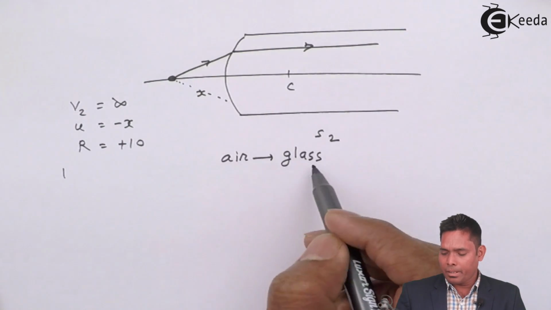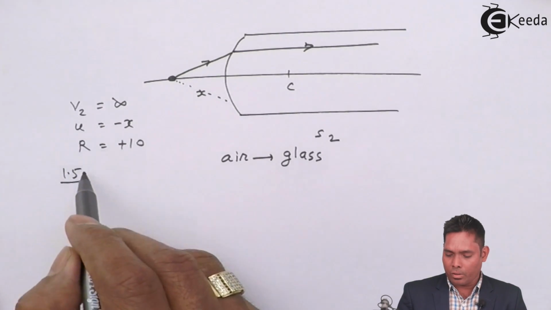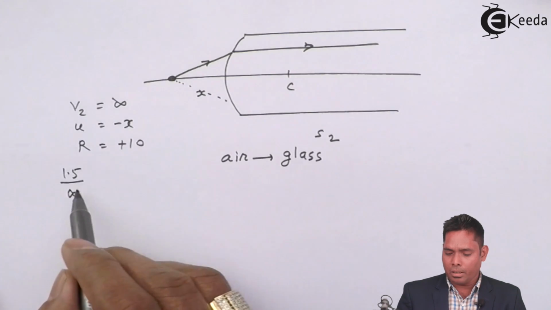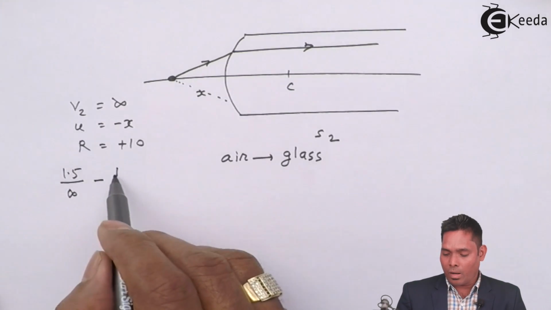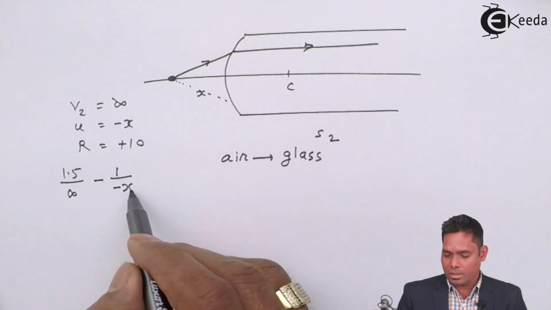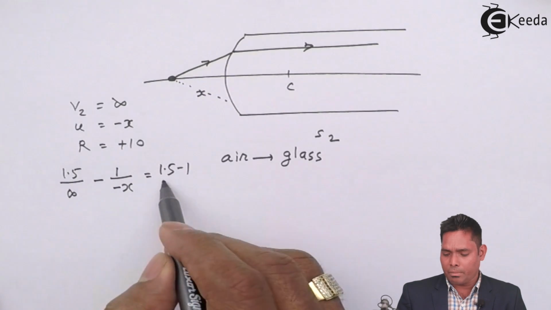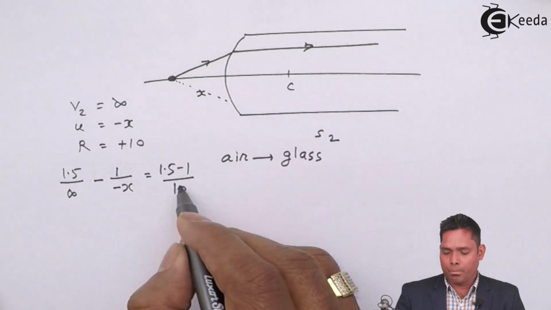So glass medium, the refractive index, will be written first. This is 1.5 divided by v, the image where it is formed is at infinity, minus 1 divided by the object distance, which is minus x, equals mu2 minus mu1, that is 1.5 minus 1, divided by r, which is plus 10.